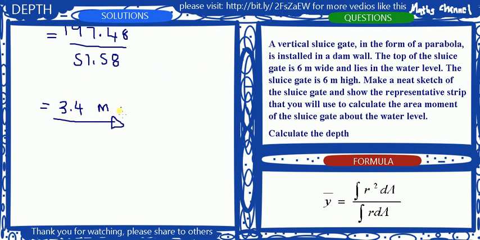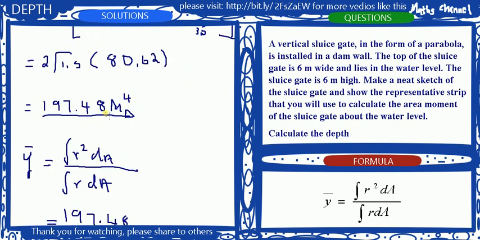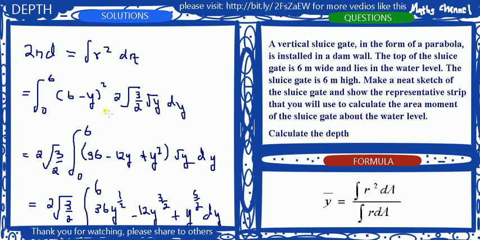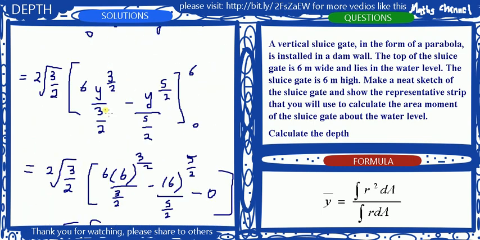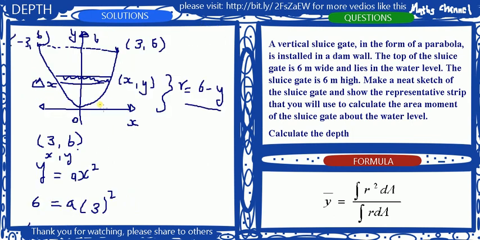This is how you go through it by calculating all the depth and everything else. First of all, you check the value of r.